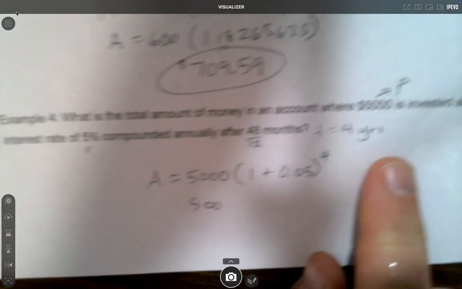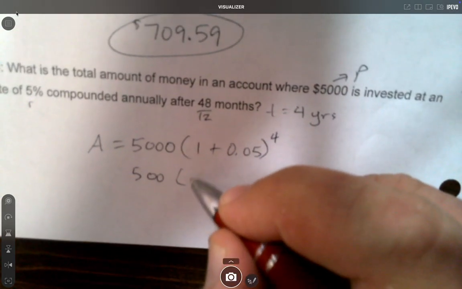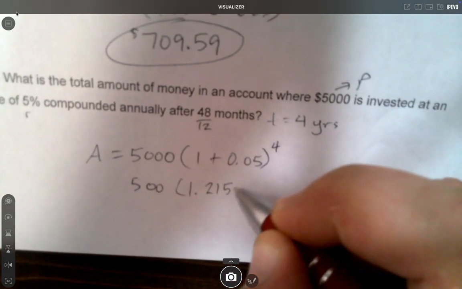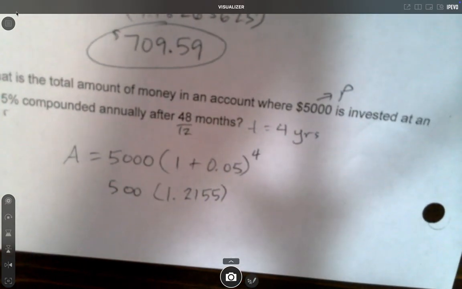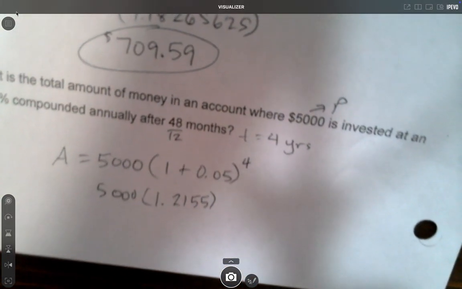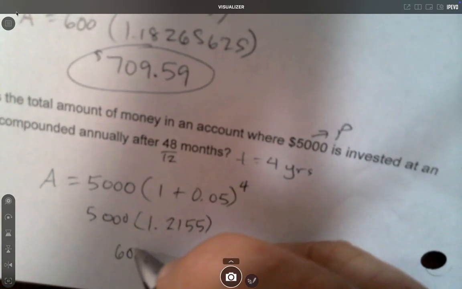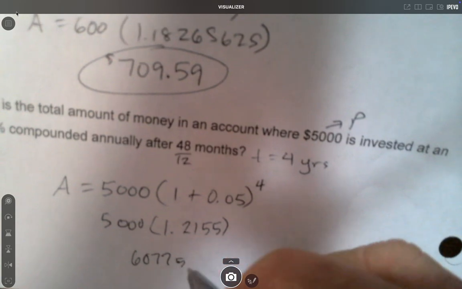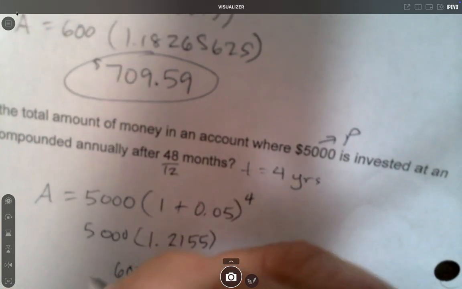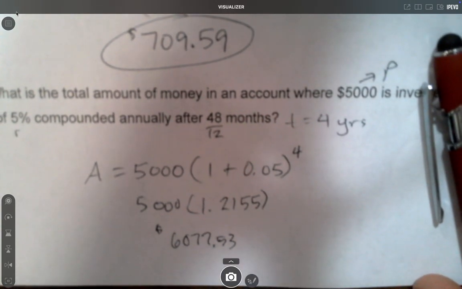I'm going to try. 1.05 raised to the 4th is 1.2155. Then we multiply that by 5,000. And we get $6,077.53. So that's the total in the account after that interest is earned for 4 years.